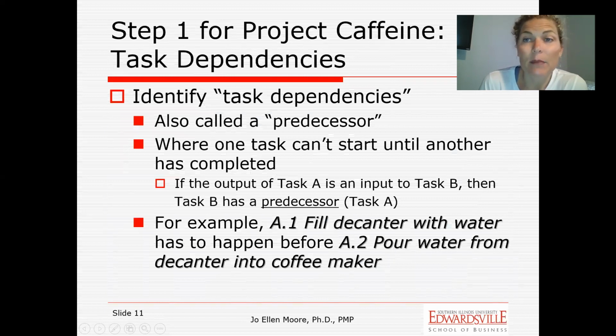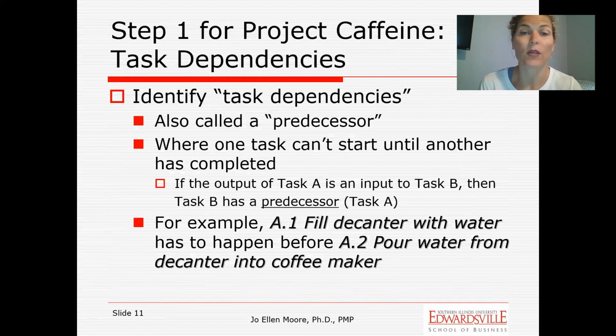The next step of the WBS phase, or the planning phase, is to look at what are called task dependencies, also known as predecessors. And the idea is to say, are there some things that have to be done before I can move on? Because there might be some things in your project that you can do simultaneously, and you don't have to wait for step 3 to be done before moving on to step 4.